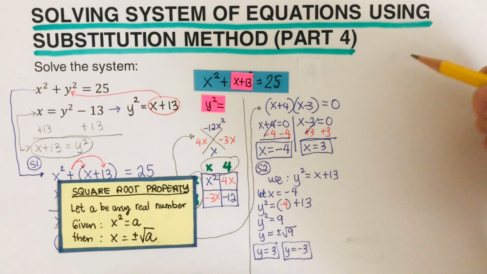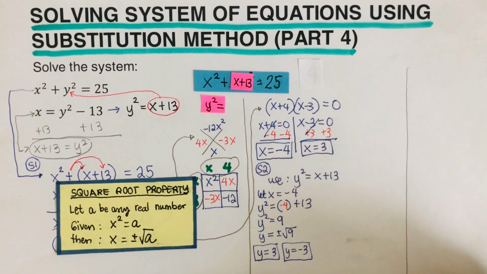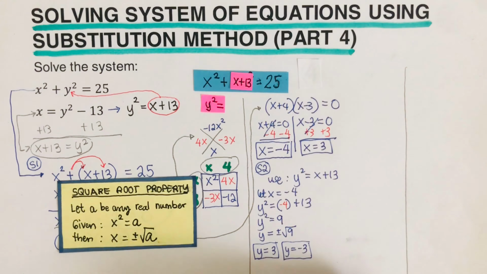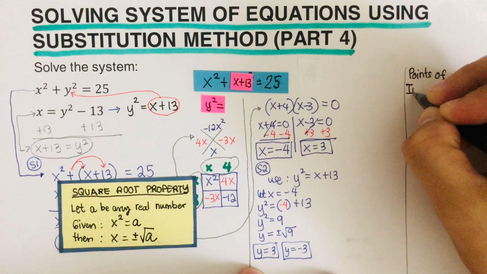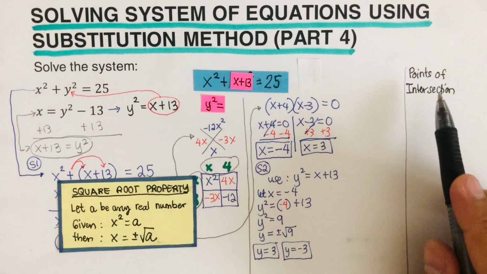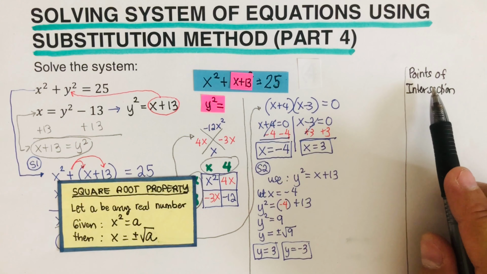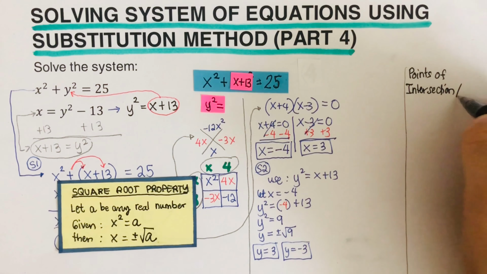So I can go ahead and write the points of intersection on the side right here. So I will label this as points of intersection. And please remember that if we say points of intersection, we are referring to the solution to this system.